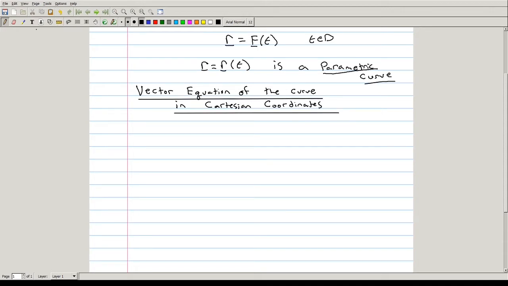And specifically we'll stick with 3D. R of t is equal to a vector of three single variable functions, x of t, y of t, and z of t.